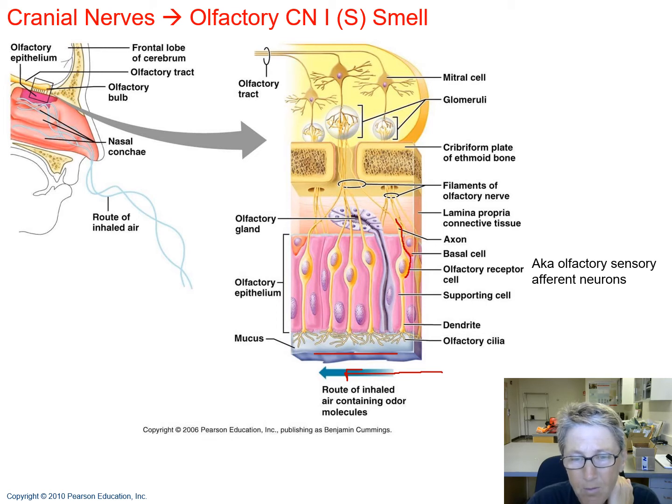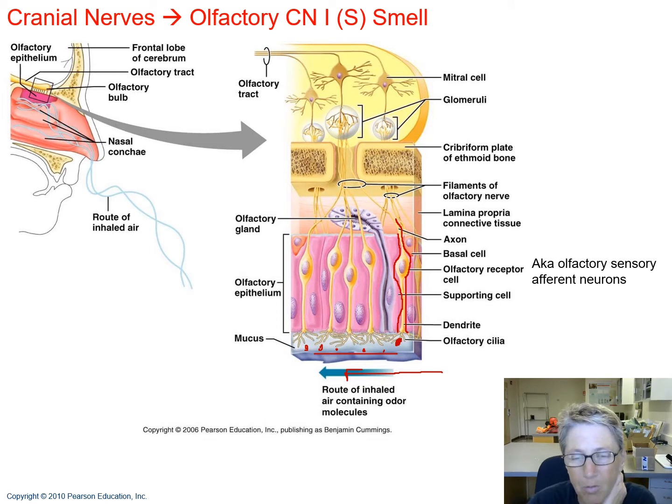Okay, there's a lot of other cells in the olfactory epithelium that we'll talk about in more detail, but the odorant molecules would be out here getting trapped in the mucus, and then the dendrites of the olfactory sensory afferent neurons, if there's a receptor for that odorant molecule, it would bind to it, and then you'd get a local or graded potential or a receptor potential.